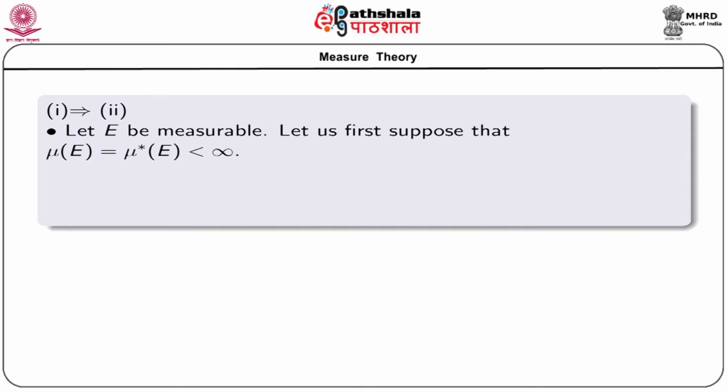We start with the proof of the assertion that 1 implies 2. Let E be a Lebesgue measurable set. Let us first suppose that the measure, that is also the Lebesgue outer measure of the set E, is finite.